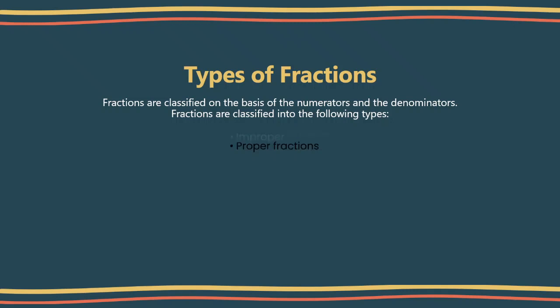Second one is improper fractions. Third one is mixed fractions. Fourth one is like fractions. Fifth one is unlike fractions. And sixth one is equivalent fractions. These are the fundamental types of fractions. Now we will study them in detail in this video.